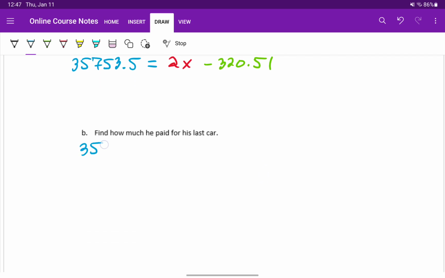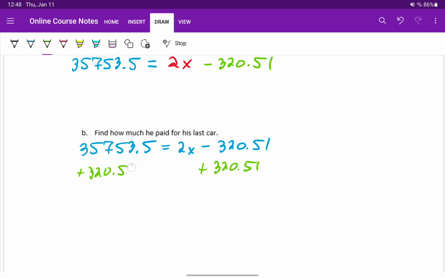That means that in part B, we want to solve this equation that we just generated, 35,753.5 equals 2x minus 320.51, by first adding 320.51 to both sides, which will give us 36,074.01 is equal to 2x.